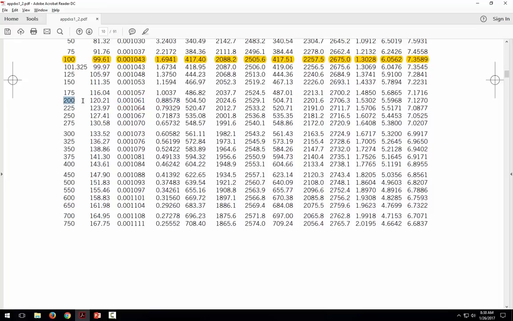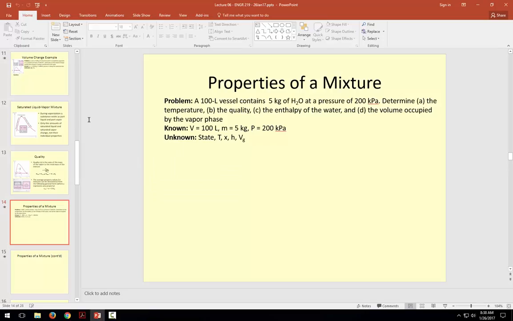Okay, so at 200 kilopascals, if we have a specific volume that is in between these 2 values, then we automatically know that we're operating under the dome along a saturated liquid-vapor line, and that our temperature has to be the saturation temperature.